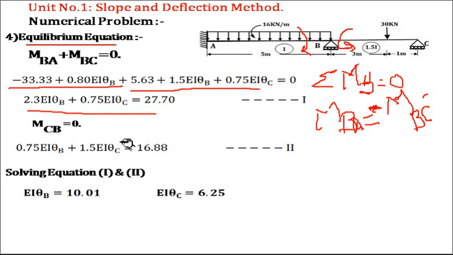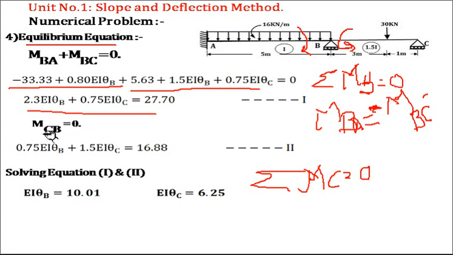Now we have to apply the second equilibrium condition, that is summation of moment at C equal to 0, as there is a simple support, so we can apply this. At joint C there is only one member, that is MCB, so MCB equal to 0.